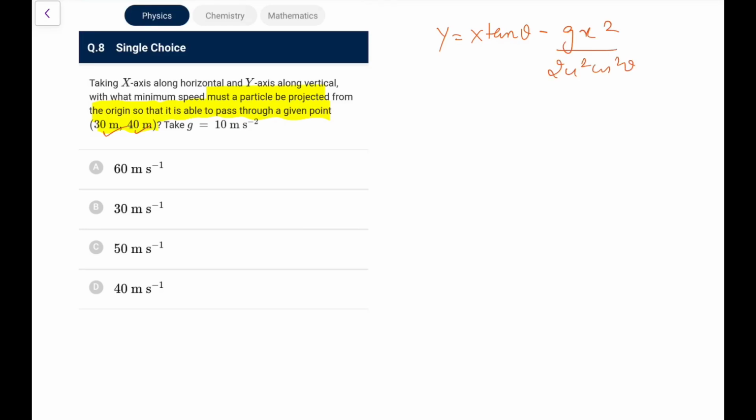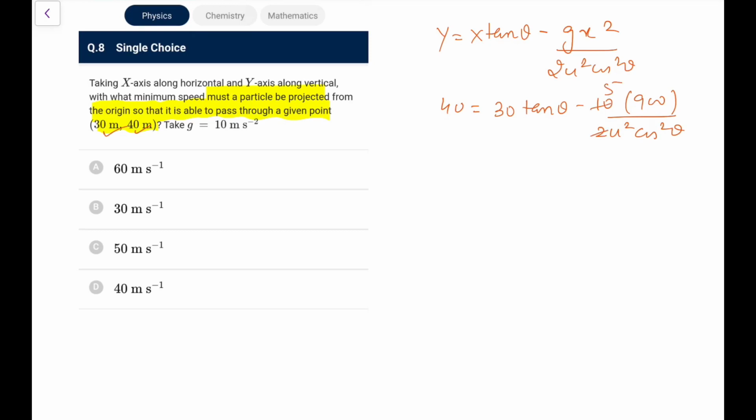Because we are not given u, we are not given theta, we have to find u minimum. So y is 40, x is 30, then minus g is 10 into 900 upon 2u square cos square theta. For such a thing, it's better to convert cos square theta as sec square theta. 1 upon cos square theta is sec square theta, which is 1 plus tan square theta.